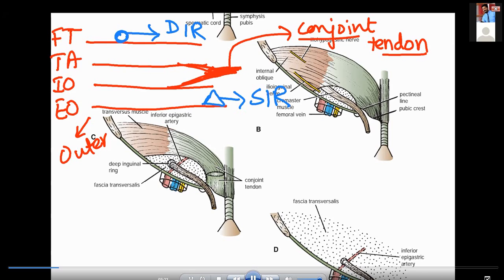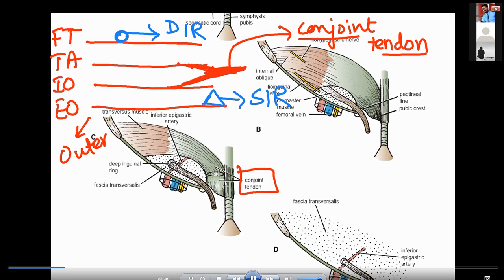Superficial inguinal ring, triangular defect in the aponeurosis of external oblique muscle. And internal oblique muscle along with transverse abdominis muscle, they are joining together forming a tendon known as the conjoint tendon. Which tendon? Conjoint tendon.